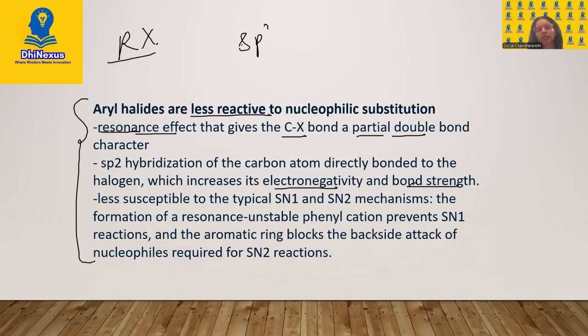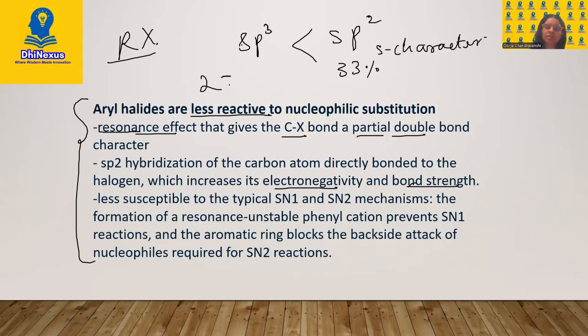Because in comparison to sp3, the sp2 has more s character. The s character in this case is 33%, here, however, it is only 25%. So the electrons are held closely in the s subshell and they are not readily given.